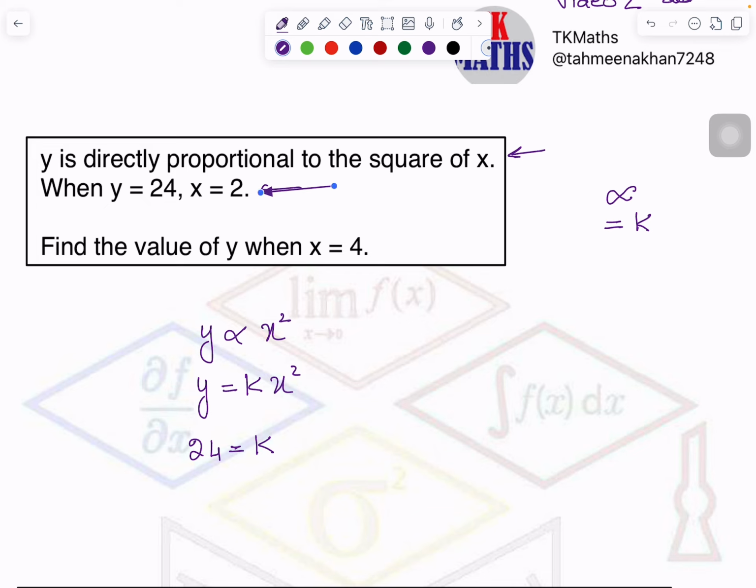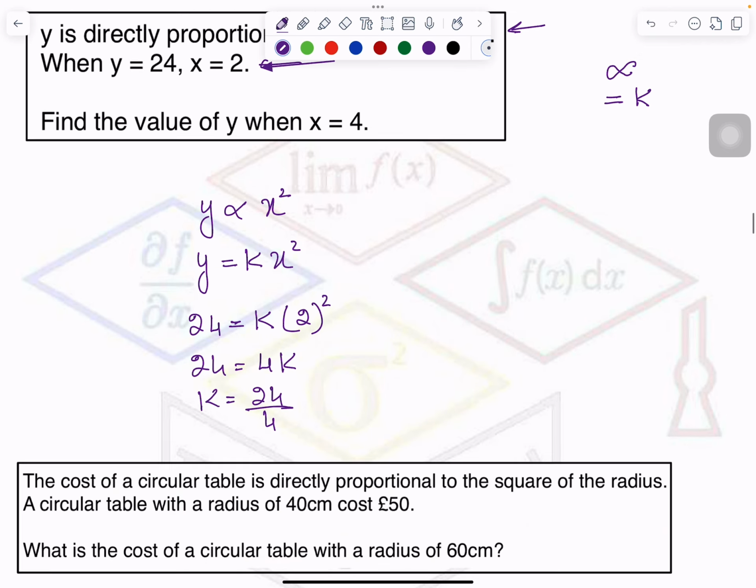So x is 2, and this becomes 24 = 4k. Then 24 is divided by 4, and you simplify it, so k = 6. So this equation becomes y = 6x².